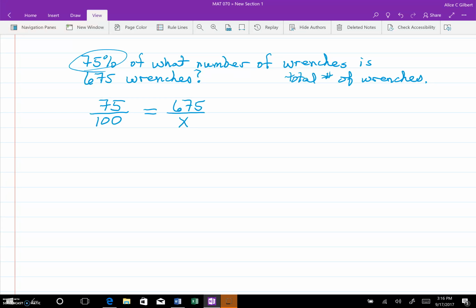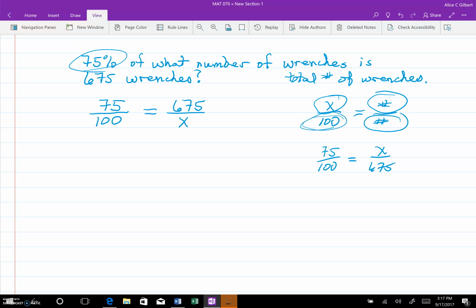Now, we could end up with an X anywhere in some number over some number, a part over a whole, or we could have, say, 75 over 100 equals X over 675. So we could have X in this place, or this place. The only place we can't have it is the 100. That has to stay the same all the time.